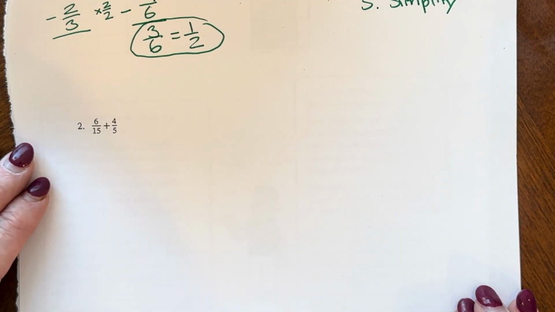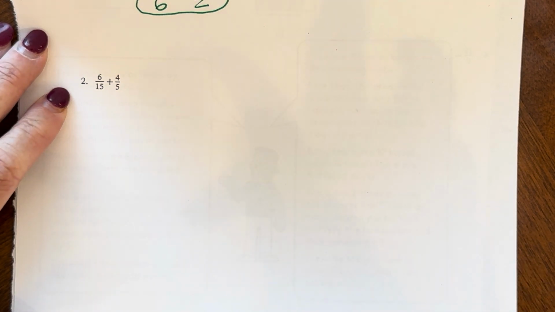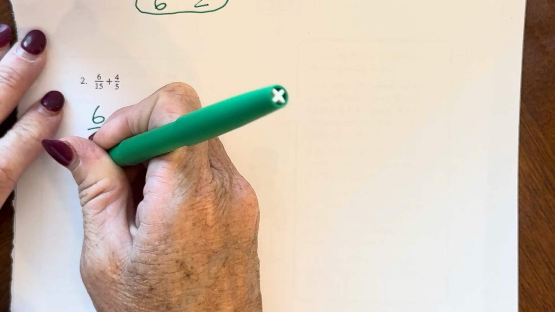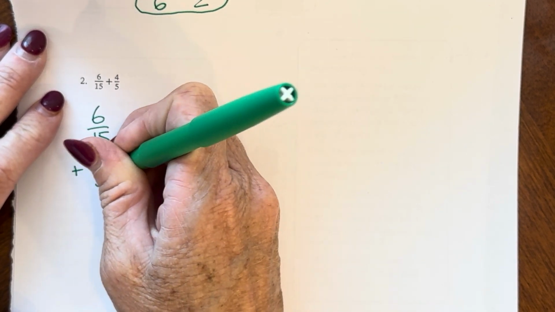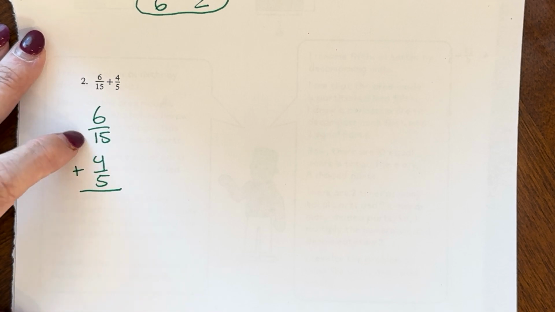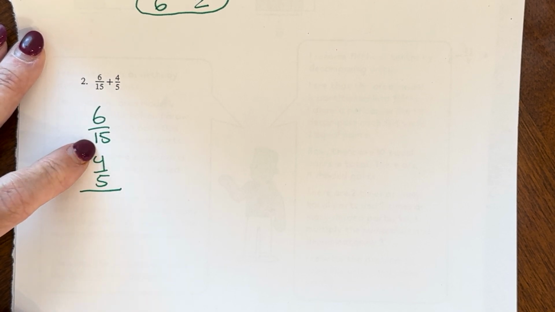Okay, so 6/15 subtract 4/5. Let's set it up vertically. Then step 2 is let's look, and we see that we don't have the same denominator. That means our pieces are of different sizes. So can my small denominator fit into my large denominator? Yes, perfectly.